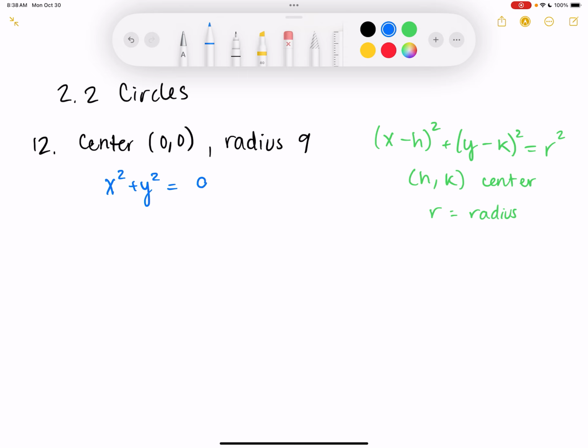Now, the thing you have to realize is they're giving you radius, but this is actually r squared. Okay, so we don't need to square it because they've already given you the radius. Let me verify that.